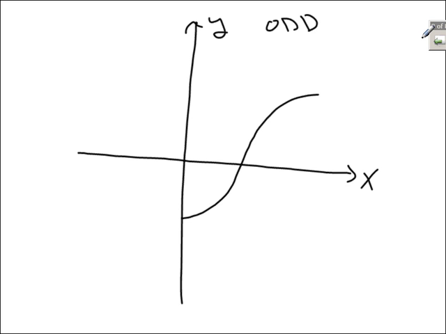Well, since it's odd, it's the reflection across both the x and the y-axis. Let me go across the y-axis first. That is going to give me a graph that looks like that. Now I reflect this across the x-axis, and I get this.